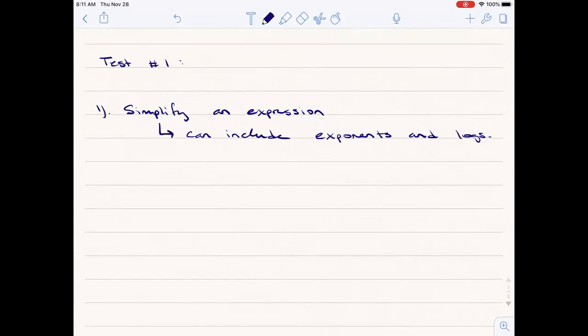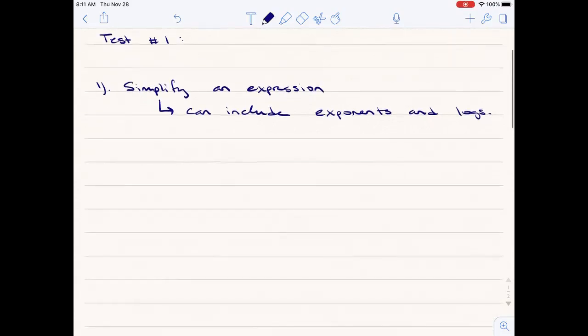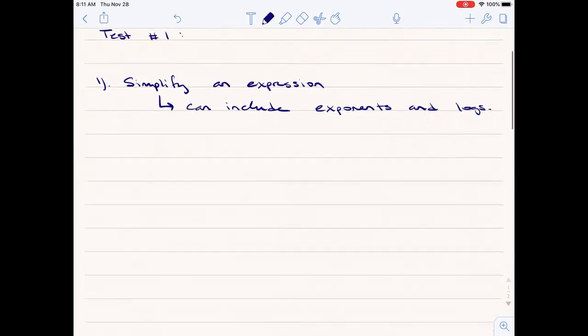Exponents and logs are from test 2, but now we've seen it all, so that can be part of simplifying an expression. I'll make sure to get you some more practice because I don't think it was on here. No, it's just the solving. Similar.